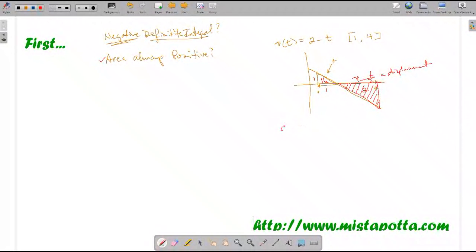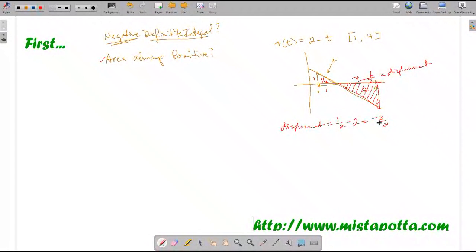And so my total displacement would be equal to 1/2 minus 2, or negative 3/2 units, whatever my distance units are.